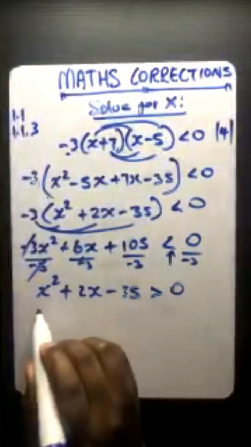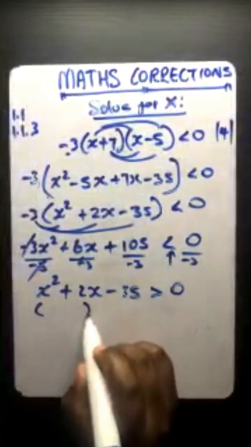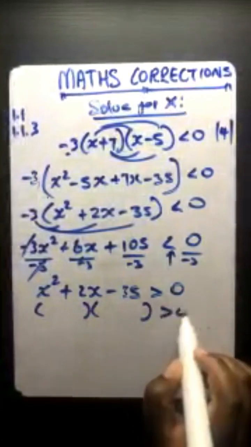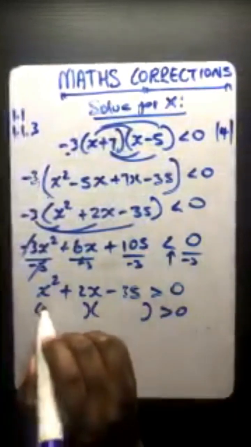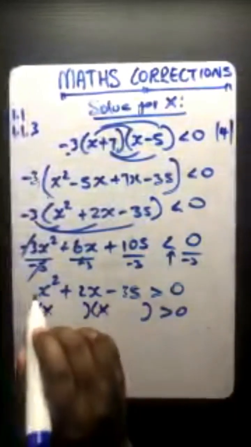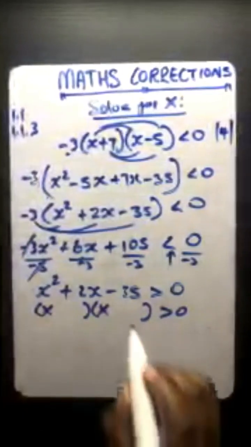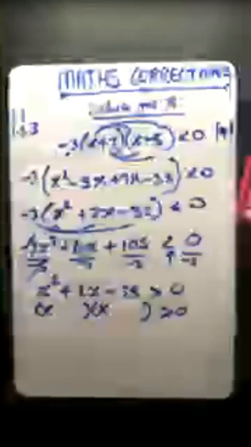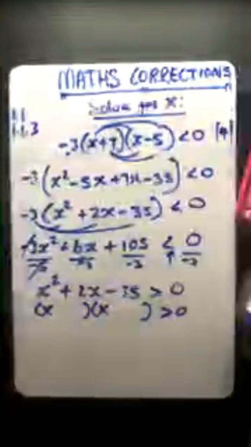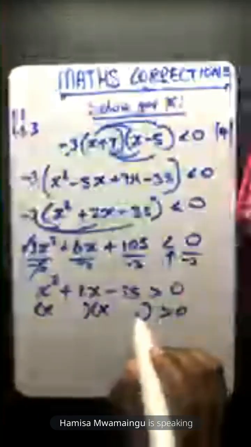That's when you can try to factorize. To factorize, it has to be easy because you have just an invisible 1 there. What two numbers when multiplied together give you 35? I think it's 5 and 7.